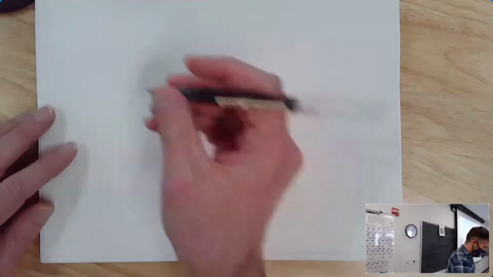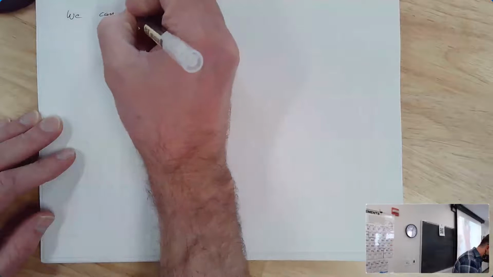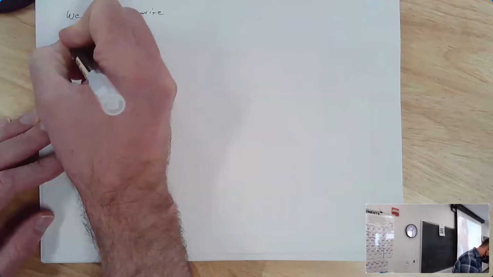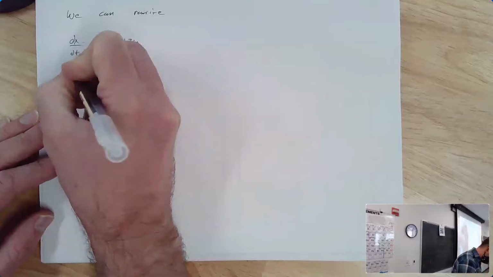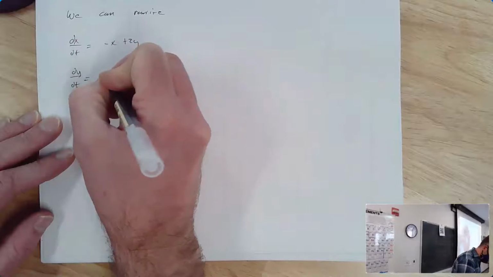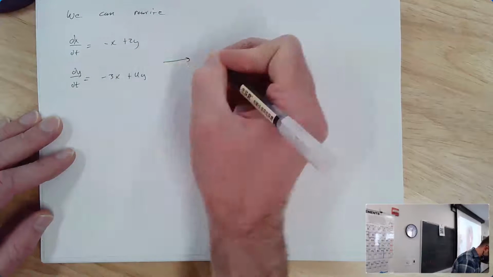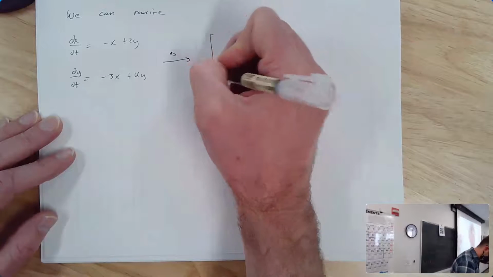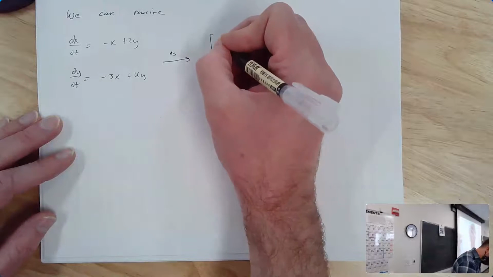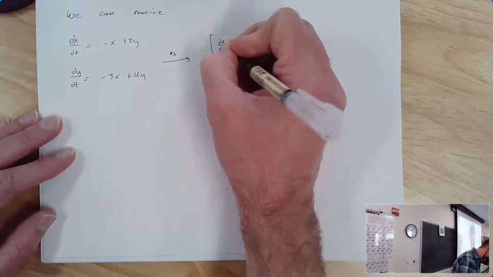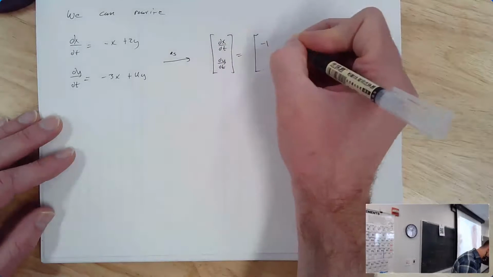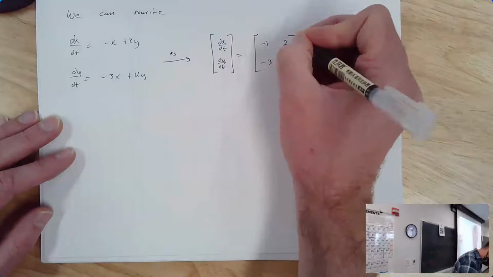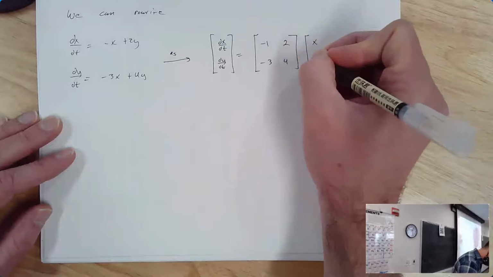We can rewrite dx/dt equal to negative x plus 2y, dy/dt equal to negative 3x plus 4y as the matrix equation: the vector dx/dt, dy/dt equals the matrix negative 1, 2, negative 3, 4 times the vector x, y.